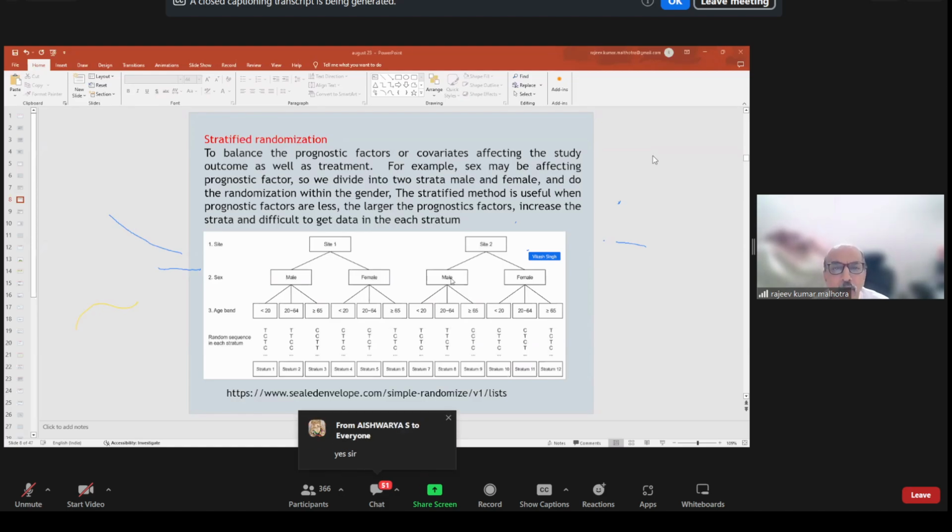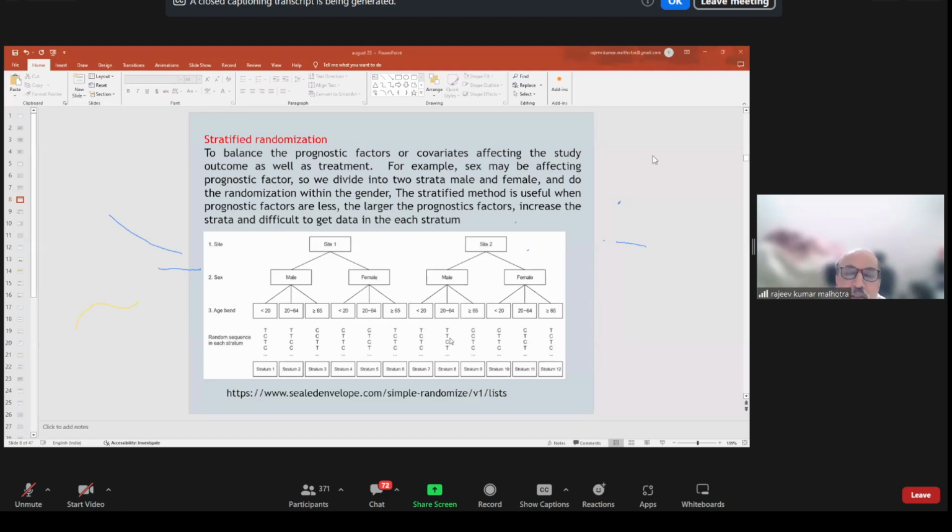Okay. Now I will explain stratified randomization. Stratified randomization, as I told you, is to balance the prognostic factors or covariates. Baseline randomization balances the known and unknown covariates, but it does not balance the prognostic factors that influence the outcome after randomization.